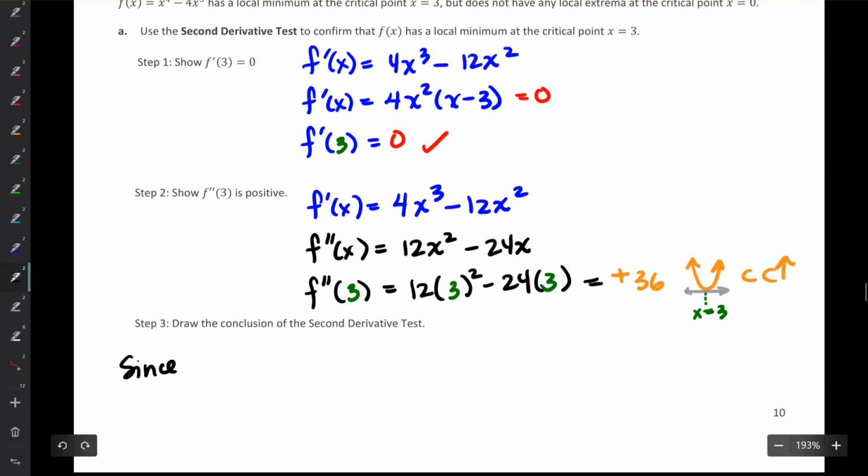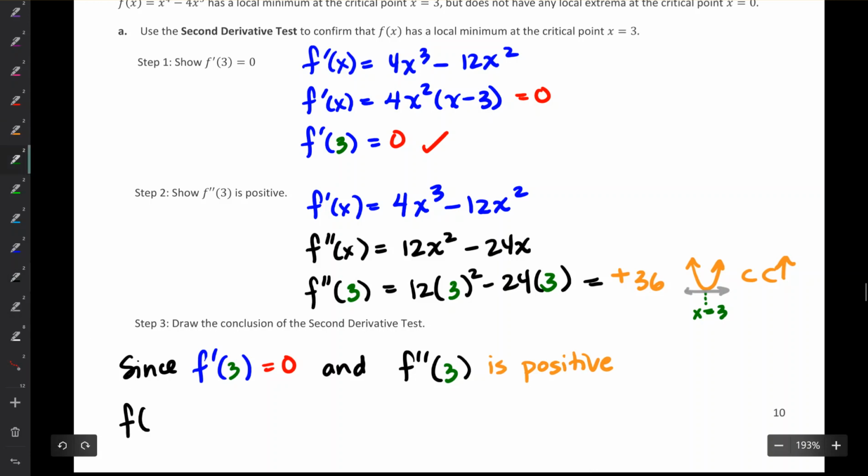So since the first derivative is 0 and the second derivative is positive, you can write greater than 0 if you want, what must be true? f of 3 is a local minimum.